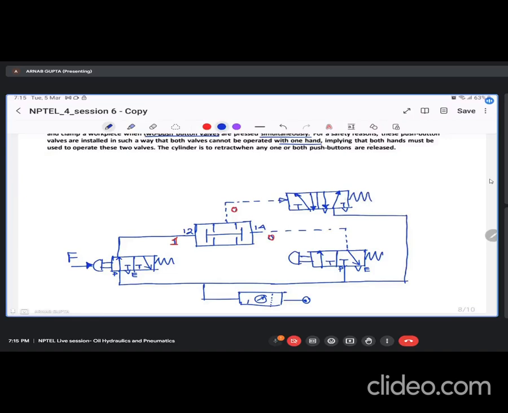Why am I placing this spring? It shows that the cylinder is to retract when any one or both of the push buttons are released.